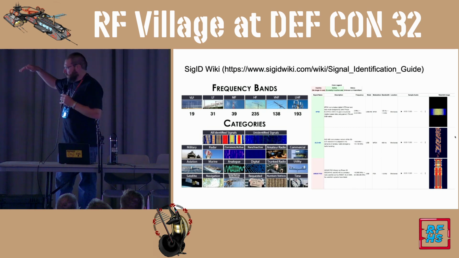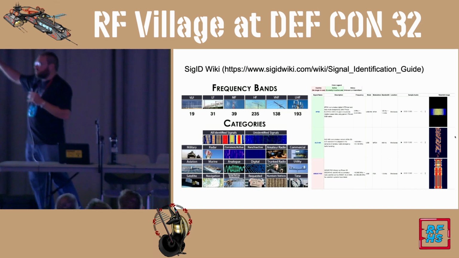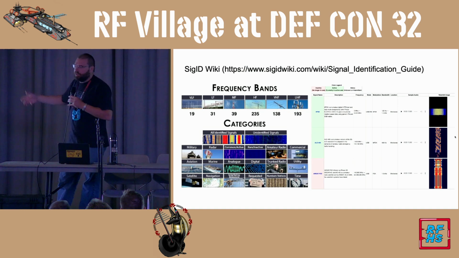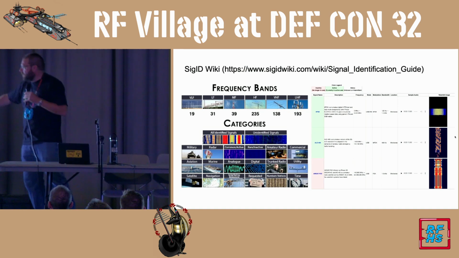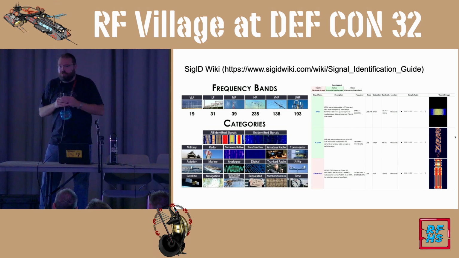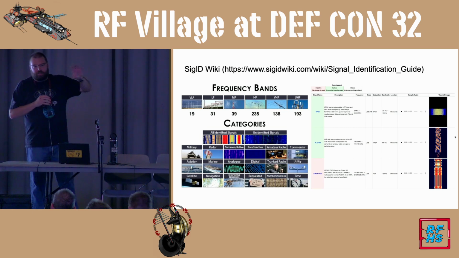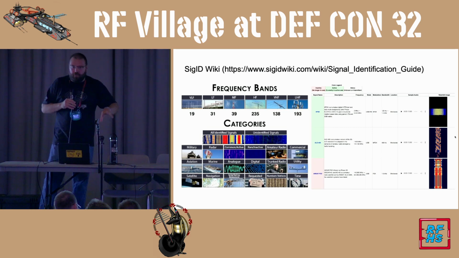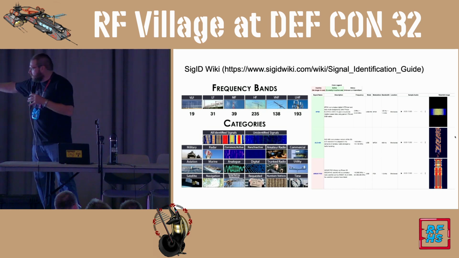So focus on the ham radio, the digital, the commercial, to see some of the signals in there. And this is really what you see on the right here, is you'll see signals, what they look like in the waterfall. So if you have, again, that capture of, you saw the spray paint, you see the waterfall of what it looks like, then you can just go right down the list.